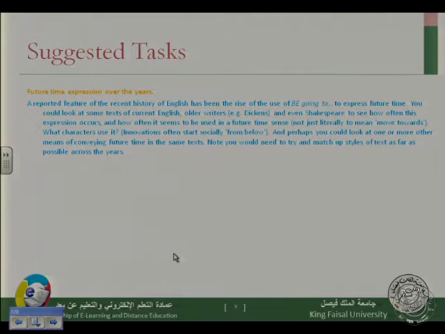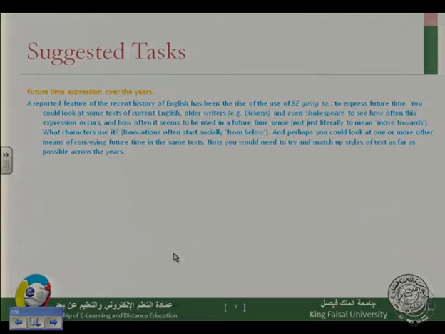So this is one way to do it: check, for example, Dickens and Shakespeare to see how often this expression occurs and how often it is used in a future time sense, not just literally to mean move towards. Sometimes they might use this expression to mean something else.